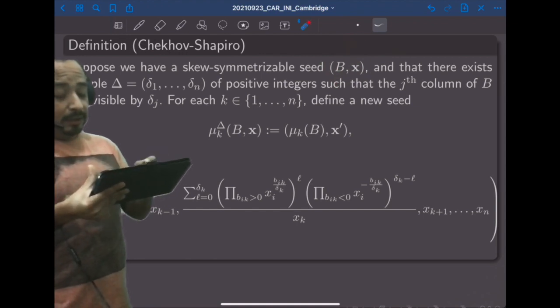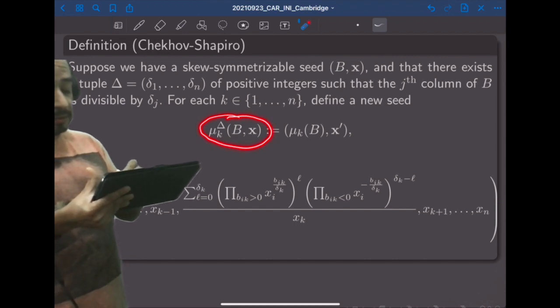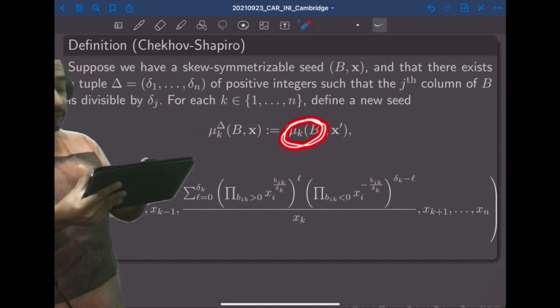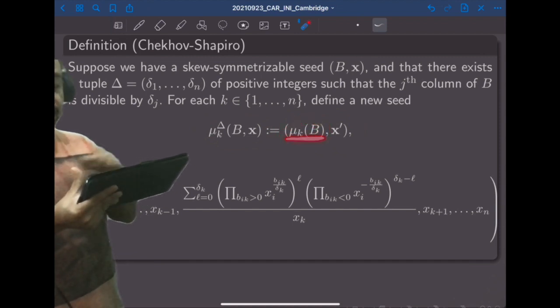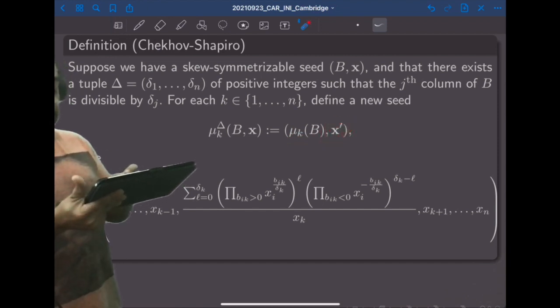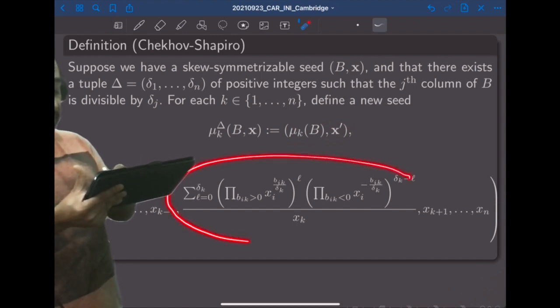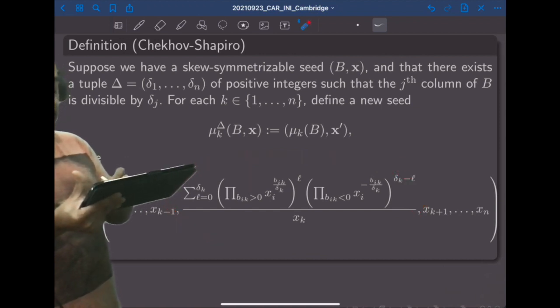Then they define the delta mutation of the seed to be this other seed where at the level of matrices it's just the Fomin-Zelevinsky matrix mutation, but at the level of seeds, what you do is replace xk, instead of by a binomial, by this longer polynomial.